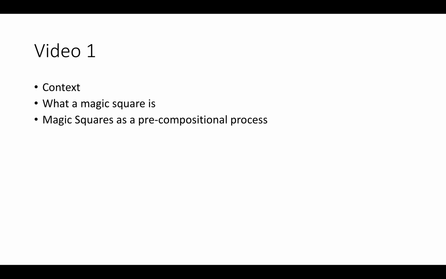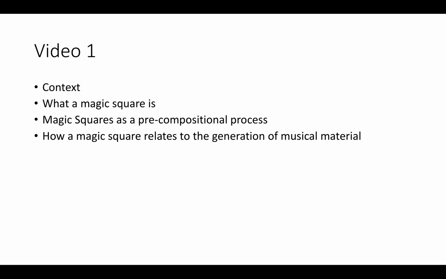I've shown you the process of creating your own magic square and using it as a pre-compositional environment, an environment that has the potential to create different musical lines. As I said before, I've shown you how a magic square relates to the generation of musical material, and how to make your own magic square.